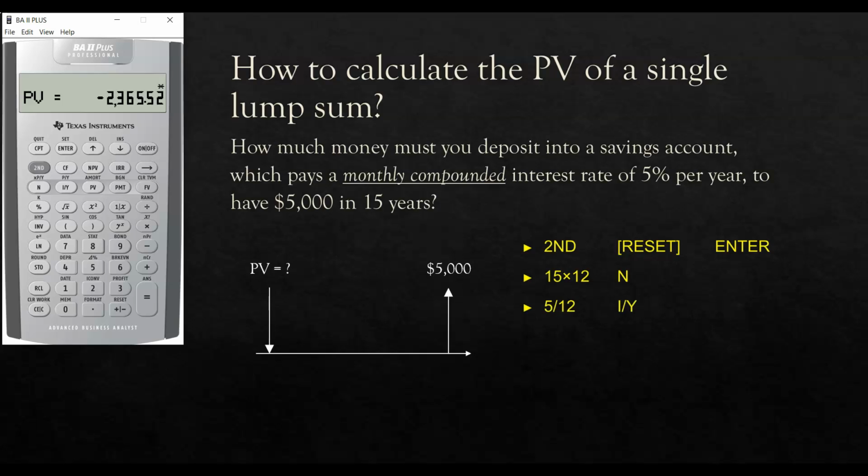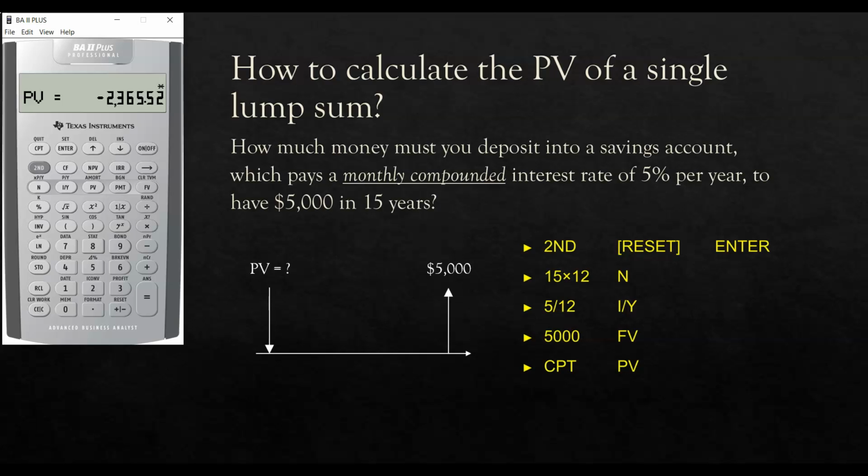And then, right, this is a little different from the standard way. What I do here is I do 5 divided by 12. This is basically my monthly interest rate, right? So essentially, just by making those manual adjustments, I'm telling the financial calculator everything should be done on a monthly basis, right? How many months I have and what my monthly interest rate is. And then you can go ahead and put in the $5,000 as the future value, and then calculate the present value.